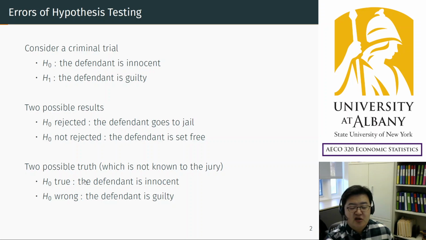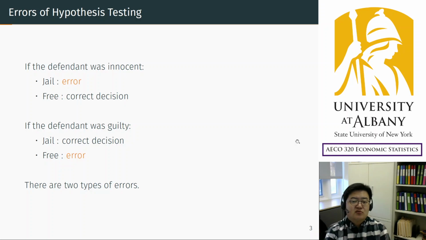So we will assume what the truth is and then think about the probability of error. So then, the contingent tree. Suppose that the truth is innocence. The defendant was actually innocent.